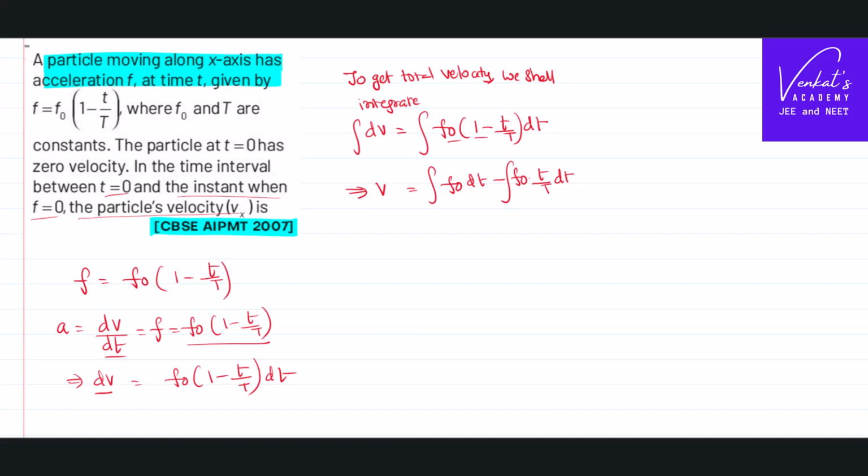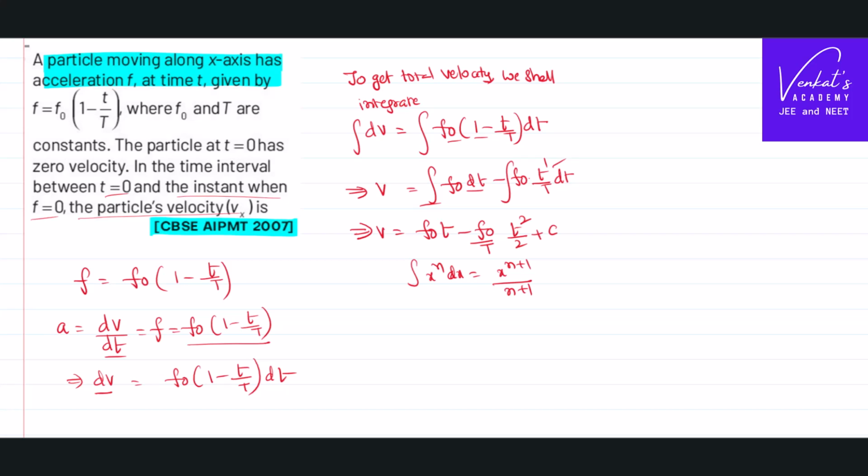That implies v equals f0 times t, the integral of dt being t itself, minus f0 by capital T, which is constant, times the integral of t power 1 dt. We have a formula: integral of x power n dx equals x power n plus 1 by n plus 1. That is t power 1 plus 1 by 1 plus 1, that is t square by 2, plus there will always be an integration constant.